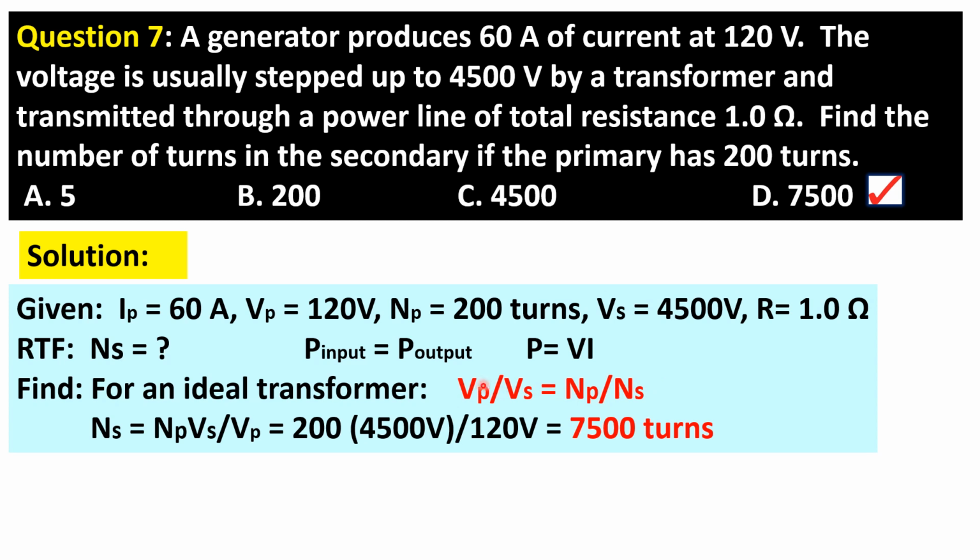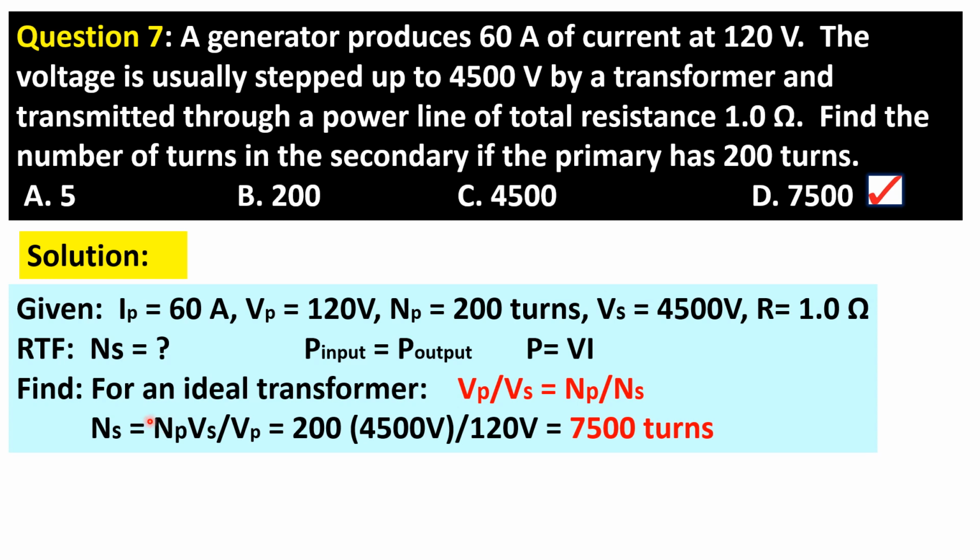Since we are given those values for Vp, Np, and the number of turns in the primary, all we need to do is transpose this equation for us to be able to calculate the number of turns in the secondary coil.